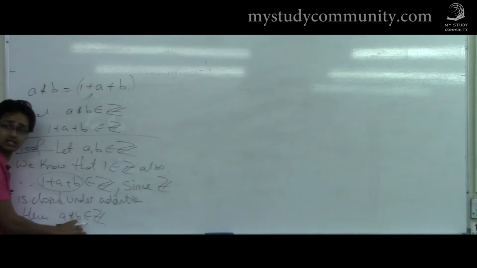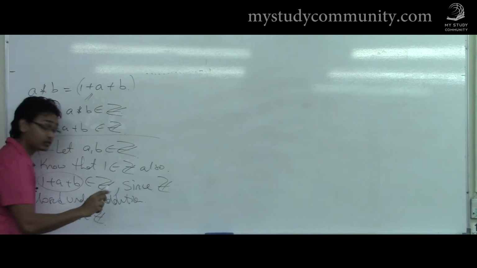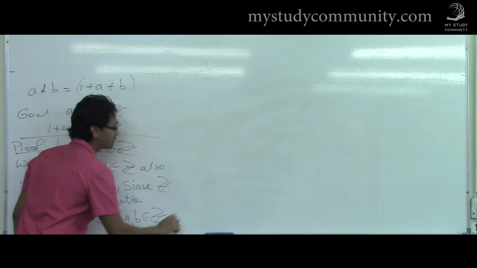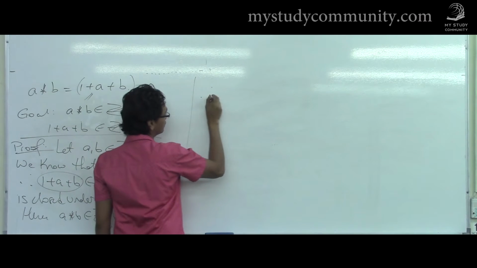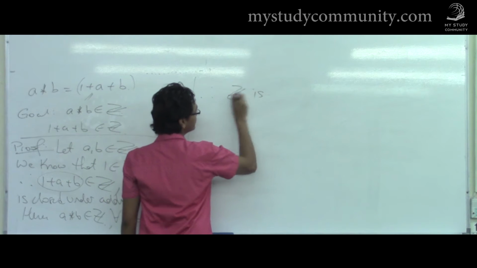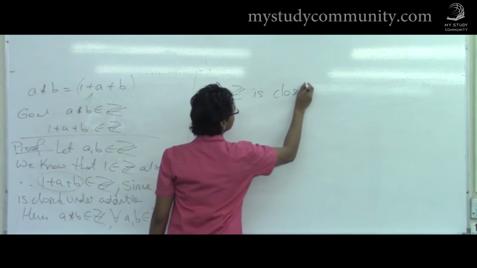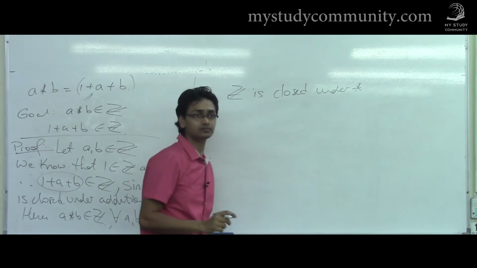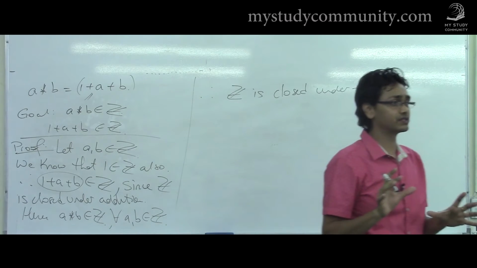Now, this has to work for all. This must work for all A and B in Z. Therefore, Z, again the set Z, is closed under the star. Anybody has any questions?